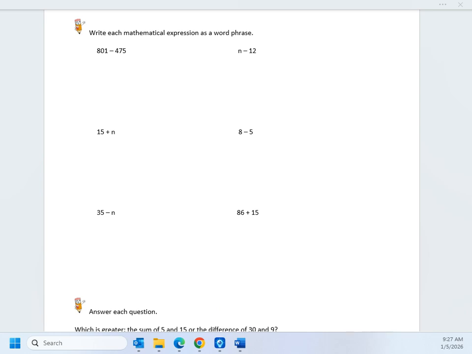So if we look at our first expression, who can give me an example of a verbal phrase we could put? Fernanda. 475 less than 801. Is that the only answer we can have? No. What's another verbal phrase we could put that means the exact same thing? Who can come up with a different verbal phrase?